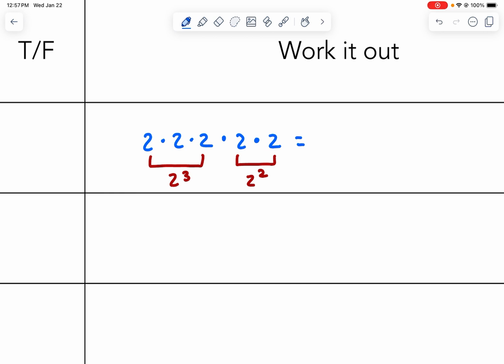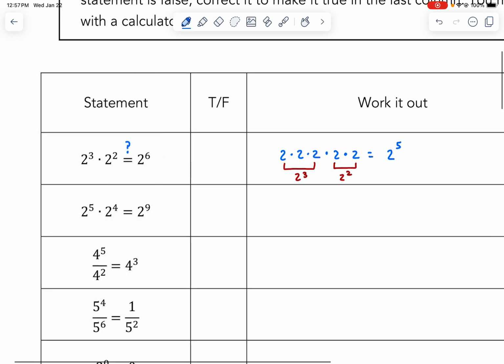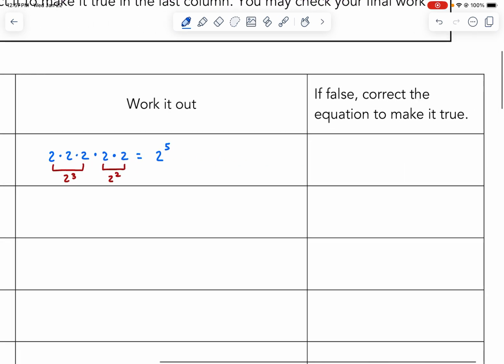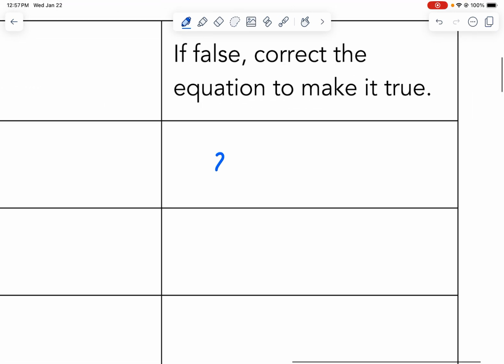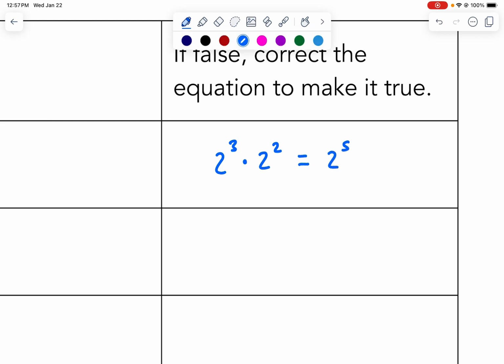So in reality, this is actually equal to 2 to the 5th power, because we only have 5 2's being multiplied. So in fact, this statement will be false. In order to correct this statement, we'll go ahead and say that 2 to the third multiplied by 2 to the second is actually equal to 2 to the 5th.